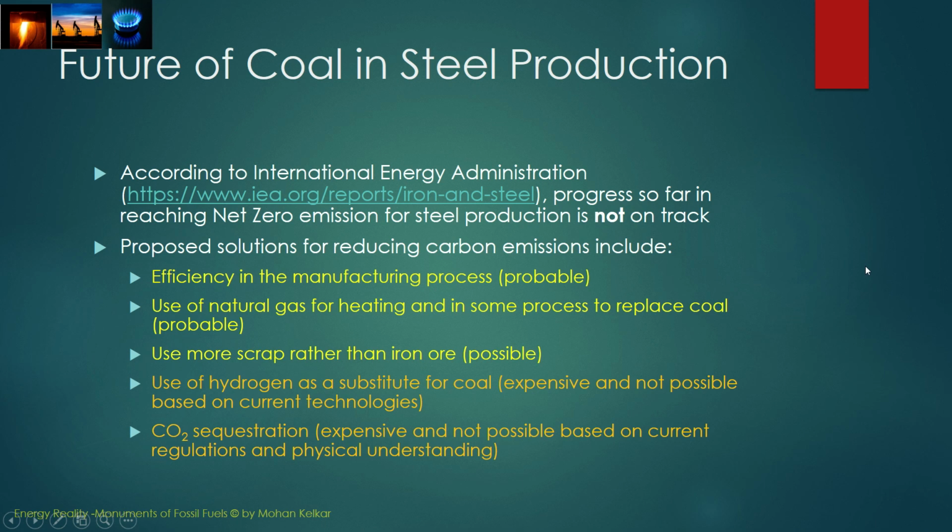For example, you can increase the efficiency in the manufacturing process. You can use the natural gas for heating, but some of the processes which are using hydrogen as a substitute for coal are incredibly expensive because we do not have a natural hydrogen source. The CO2 sequestration is also very expensive and not possible based on the current regulations and physical understanding.